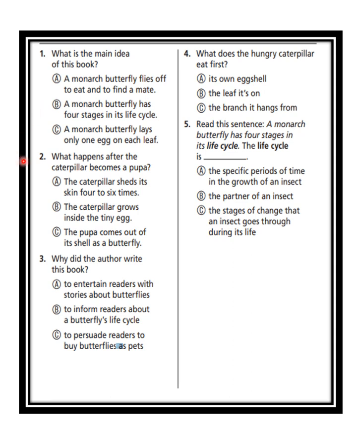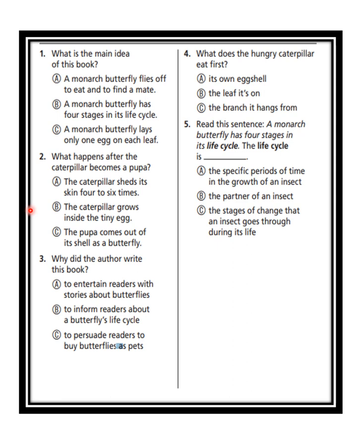Let's look at question number 2. What happens after the caterpillar becomes a pupa? A, the caterpillar sheds its skin 4 to 6 times. Does that happen after it becomes a pupa or while it's a caterpillar? B, the caterpillar grows inside a tiny egg.